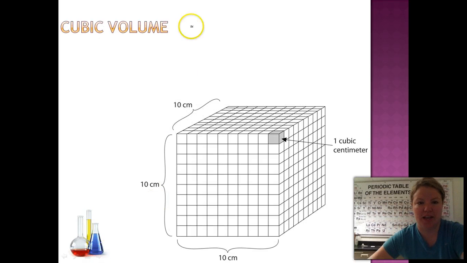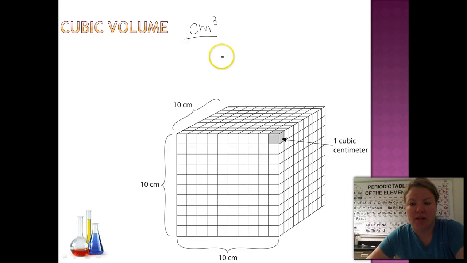All right, our last thing here is cubic volume. Sometimes this can be confusing, especially in dimensional analysis, because we use this centimeter cubed quite a bit. And I just want to make sure that we understand that the centimeter cube is actually a three-dimensional block, okay, and it holds 1 milliliter worth of fluid if you were to fill it up, okay.